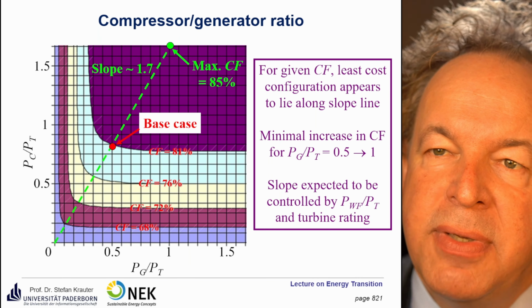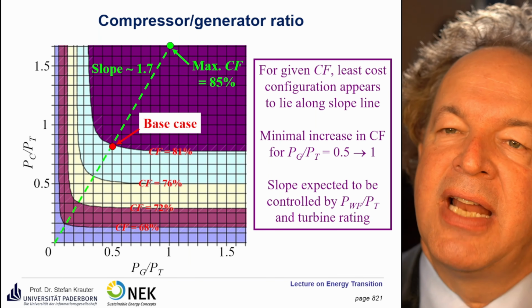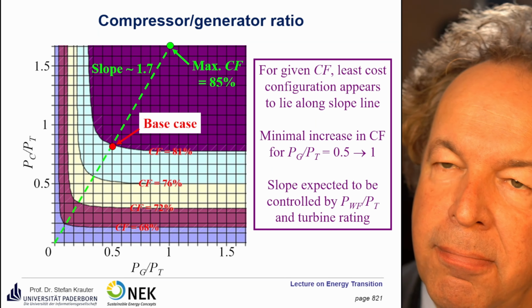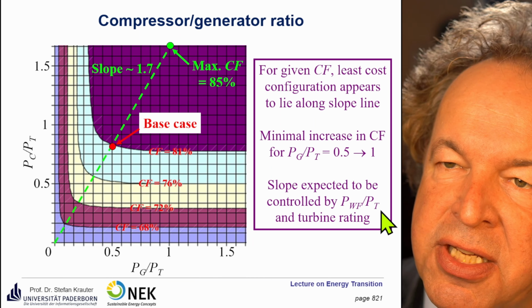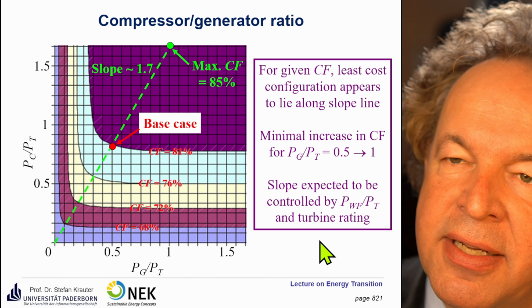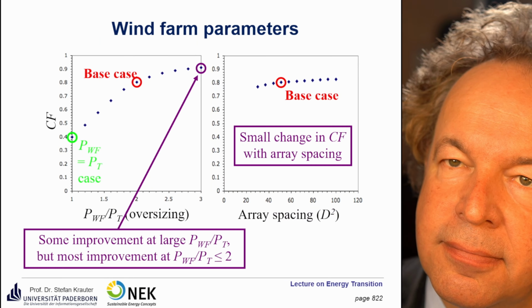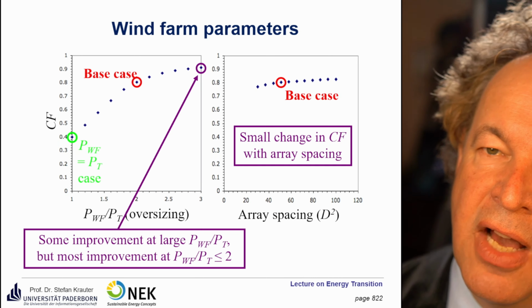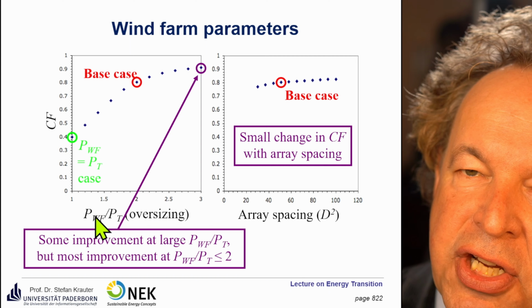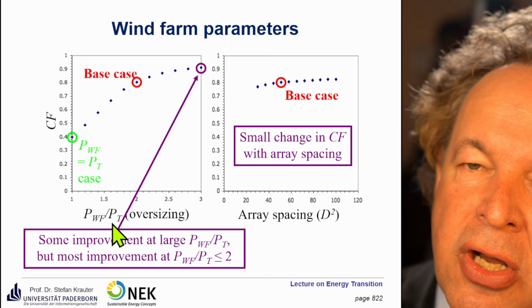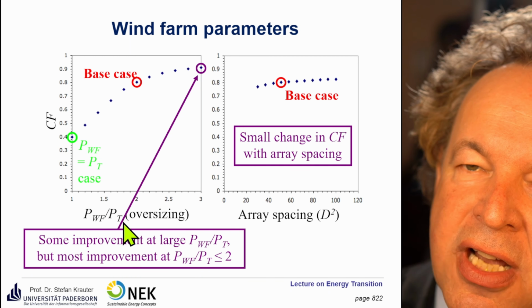The slope is expected to be controlled by the relation of the power of the wind park to the transmission power and the turbine rating. You have the wind farm parameters. So we have the relation of the size of the wind farm to the transmission capacity.